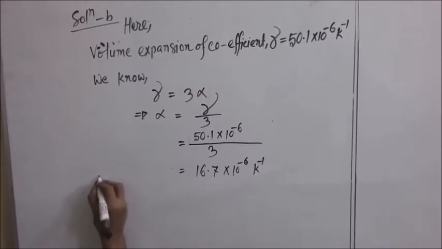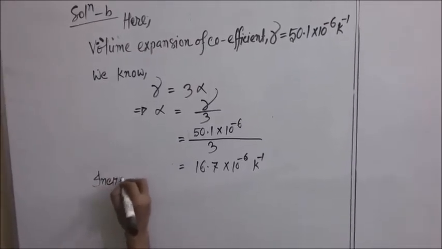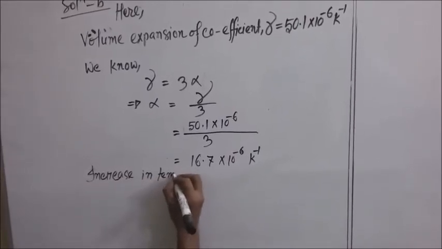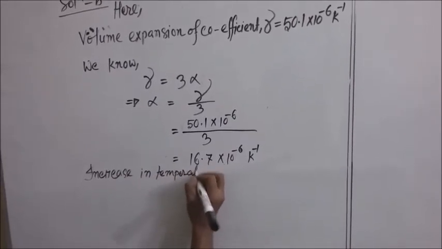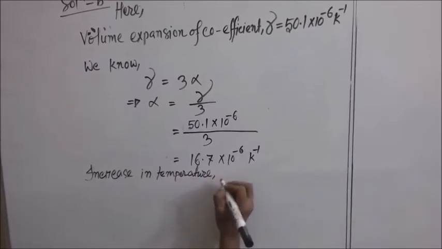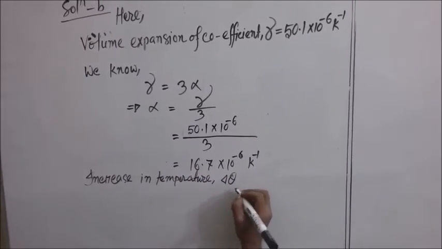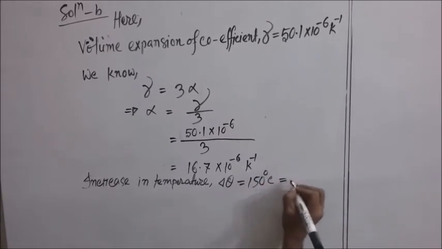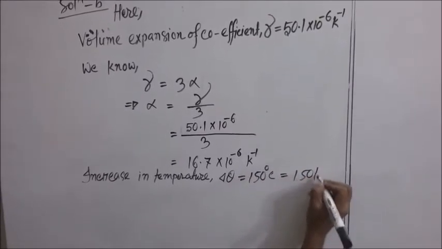Increase in temperature del theta equal to 150 degrees Celsius equal to 150 Kelvin.